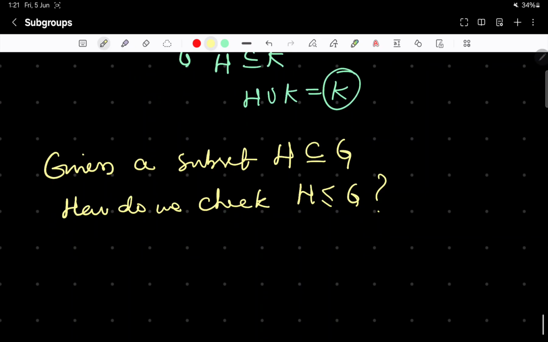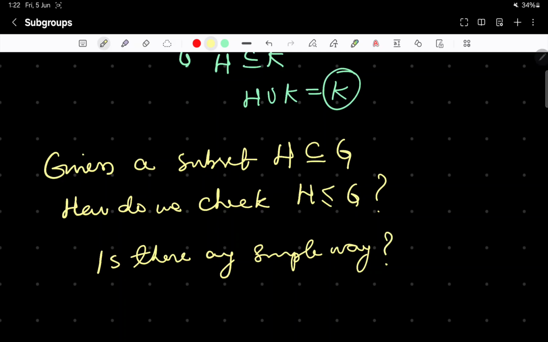Is there any simple way? This we will look at in the next lecture.